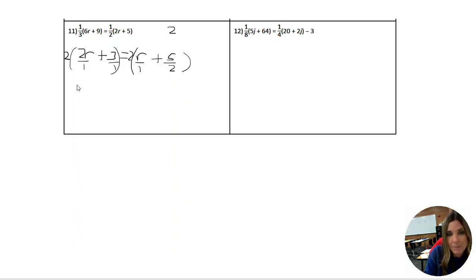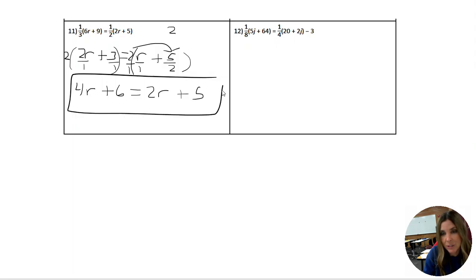So 2 times 2r is 4r, 2 times 3 is 6, 2 times r is 2r, and then if I take a 2/1 and I multiply by 5/2, that's going to end up giving me a 5, and now I have an equation that's super easy to solve with no fractions. Okay, so that's how you clear fractions from equations.